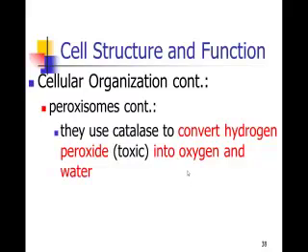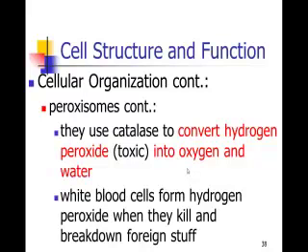And oxygen and water, neither of them are toxic, so this takes a toxic material and makes it not toxic. One of the sources of hydrogen peroxide in the body is when white blood cells break down foreign material. Very sophisticated scientific word for foreign material is foreign stuff.